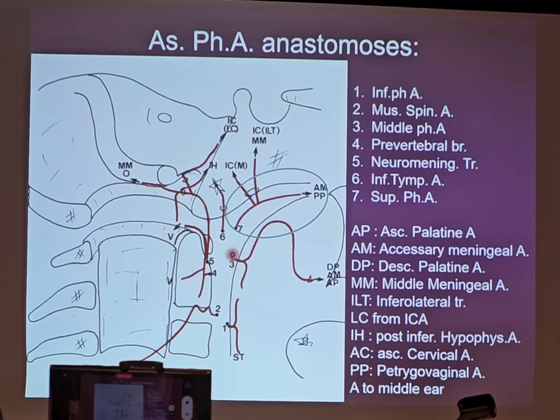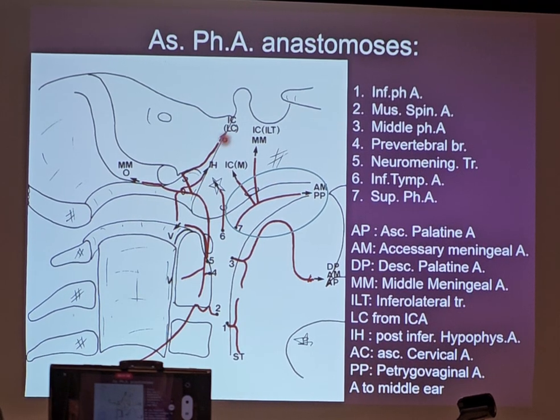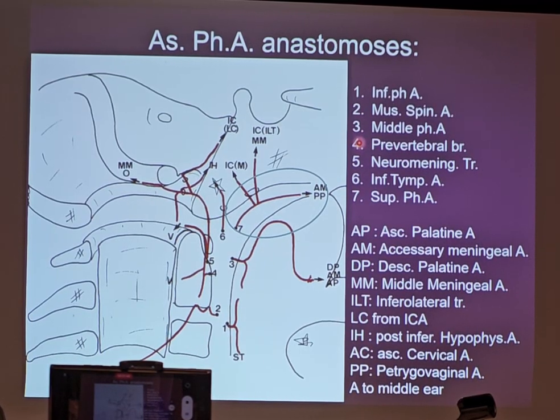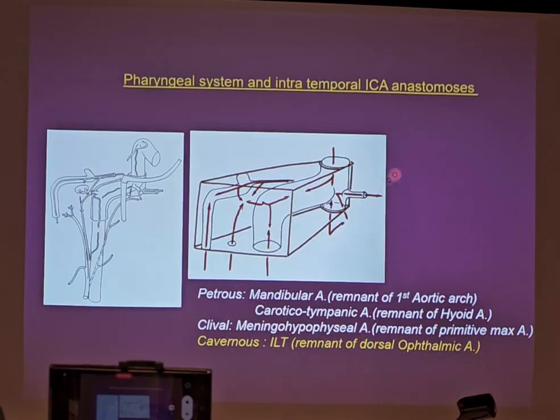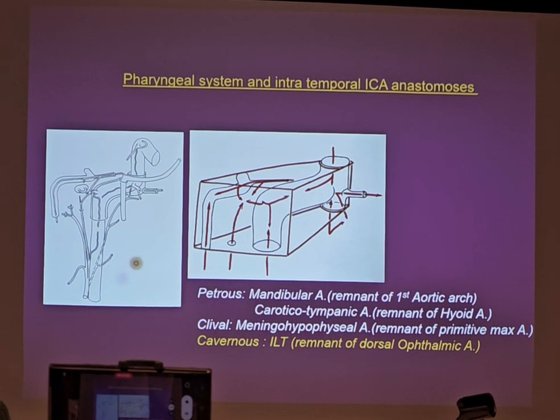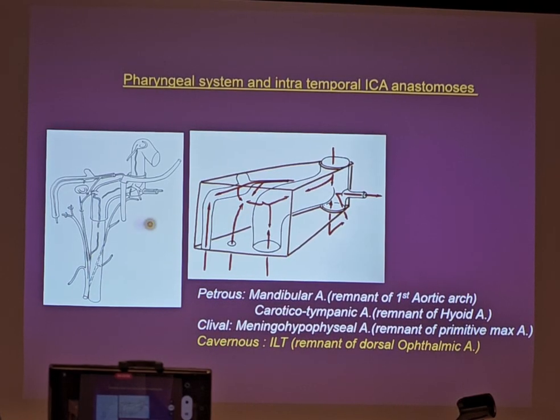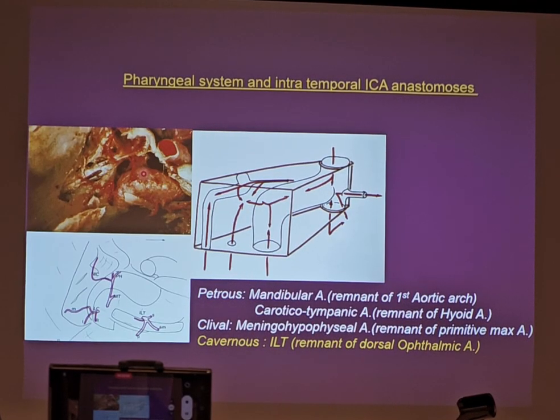And not only that, there is the clival system that can recruit all the branches to contribute also to the internal carotid system. So with all these possible connections, we may divide them into three groups: the cavernous group, the petrous group, and the clival group, that can have the connection between the ascending pharyngeal and the internal carotid artery.